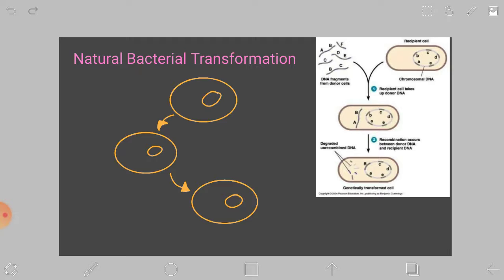Natural bacterial transformation is when a bacteria is naturally competent.